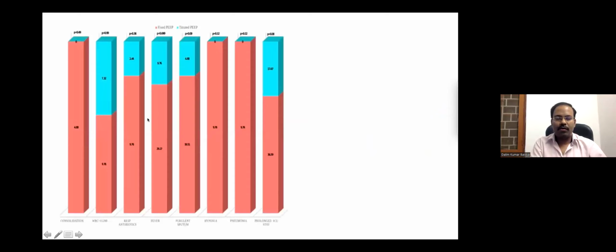Grossly, if you look at the results, the red part of the bar shows the fixed PEEP group, and the blue part shows the titrated PEEP group. If you look at the individual complications of the Melbourne scale, the incidence of each complication was higher in the fixed PEEP group, as denoted by the red part of the bar, whereas the complications were less in the titrated PEEP group.